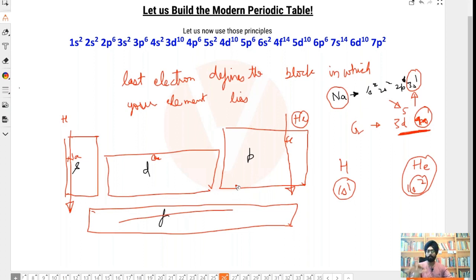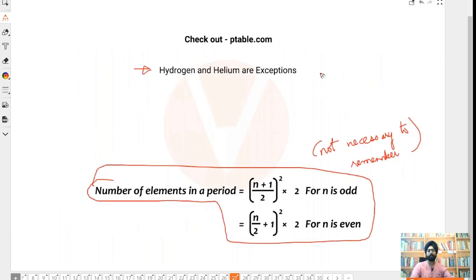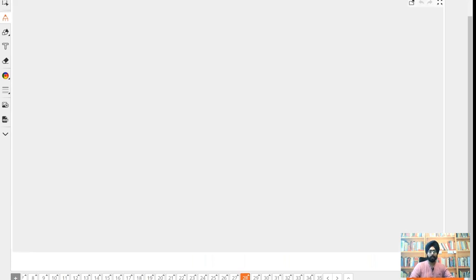That is the only reason why both of these are considered to be exceptions. Hydrogen you could have placed with these halogens as well, but you didn't. Helium's last electron goes in the S, but still you place it with the noble gases in the P block. So that is why you call them an exception.